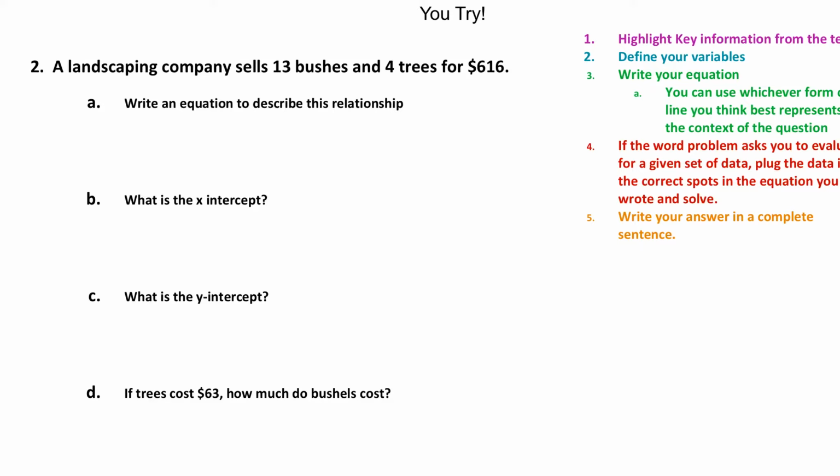So remember, you can pause this video right here in order to solve this problem and input your information into the Edpuzzle question. And then I will go over how to solve this in the next slide. But make sure you're pausing it in order to complete this question.